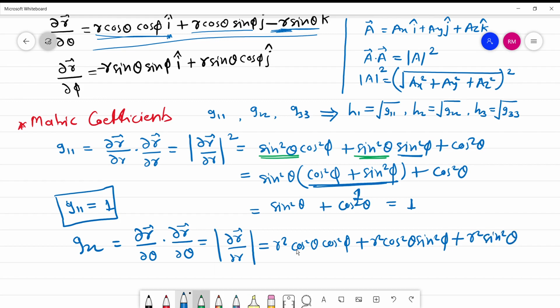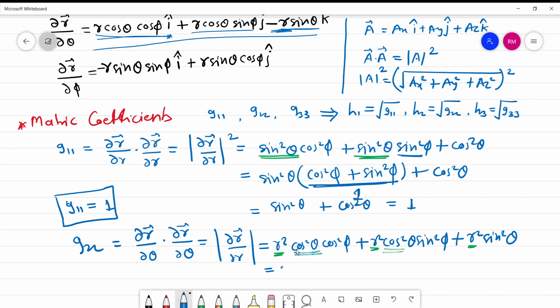Now what we see here, r squared is common everywhere. In the first two terms cos squared theta is common, so I can take it outside.